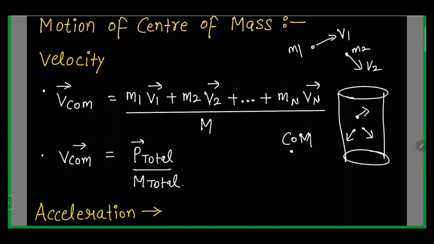Instead of taking all particles individually, we take the center of mass of all these particles. In the last class, I explained how we can find the position of the center of mass when all the bodies are at rest. But now all the bodies are moving. What will be the velocity of the center of mass?